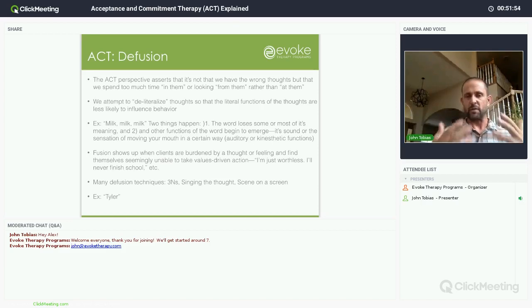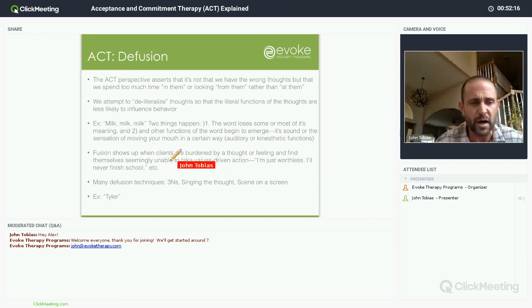Again, it's gaining a little bit of space between the observer self, or self as context, and the thought itself. And with that space comes choice and flexibility.